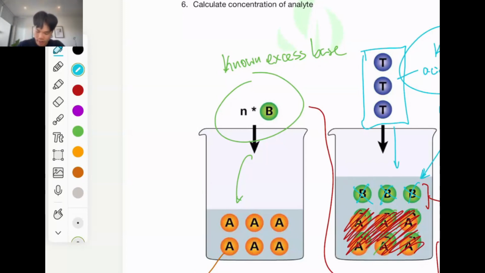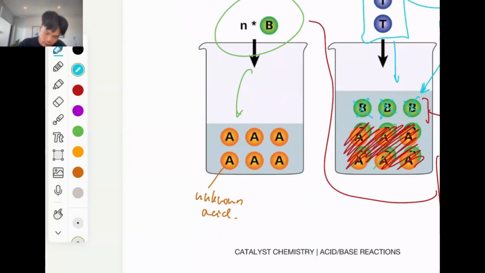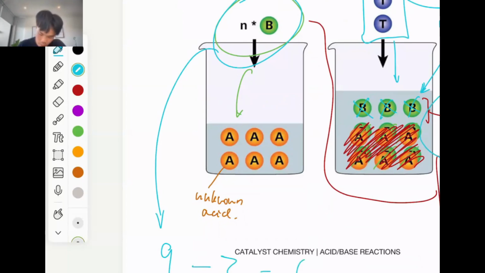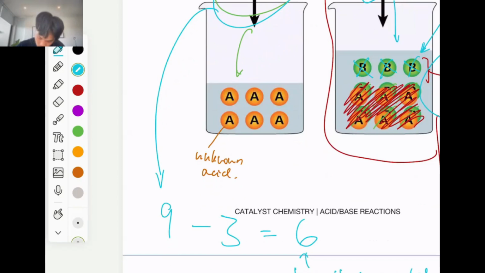So now it's a known excess of the known excess base. And to work back, you can take the known excess base at the very beginning and say it was 9. And now you know how much was left over, minus 3, tells you how much base reacted with the unknown acid initially.